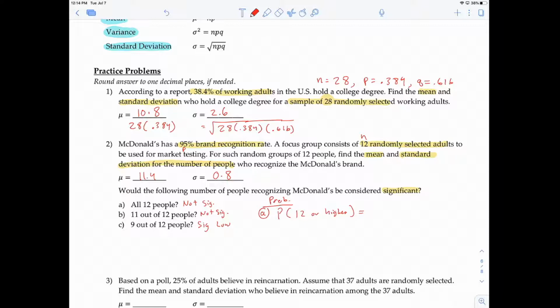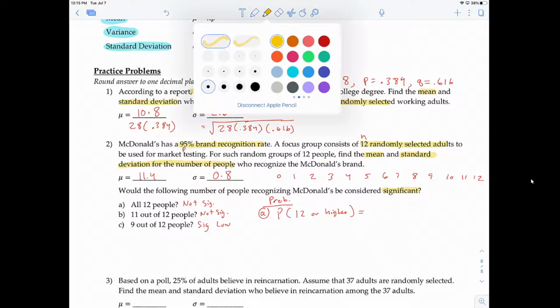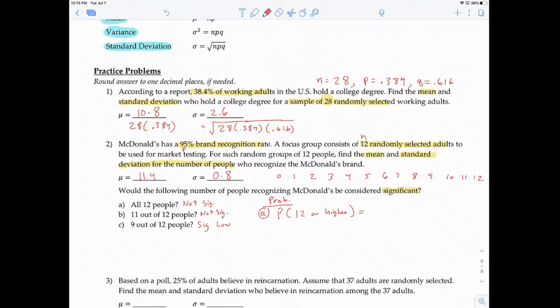We know this is binomial, so we could use binompdf or binomcdf. Here I've written the possible number of people who can recognize McDonald's, given that 12 people are selected, right? You can have no one recognize McDonald's all the way to all 12 recognize McDonald's. So calculating the probability of 12 or higher is essentially just calculating the probability of 12, because that's the most we can get.